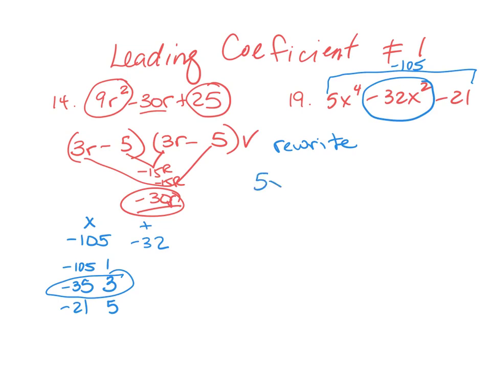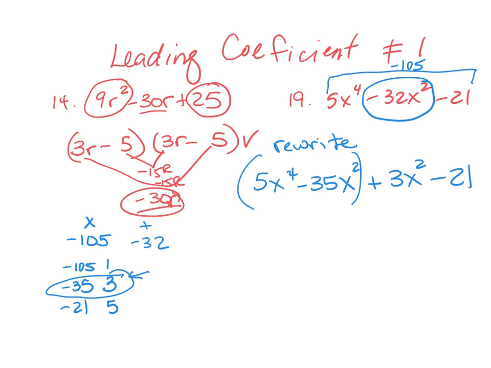So it's going to be 5x to the fourth minus 35x squared plus 3x squared minus 21. I have replaced the negative 32x squared with a negative 35x squared and a 3x squared. They add up to the same thing, right? I've just split them up because I found those numbers right here.